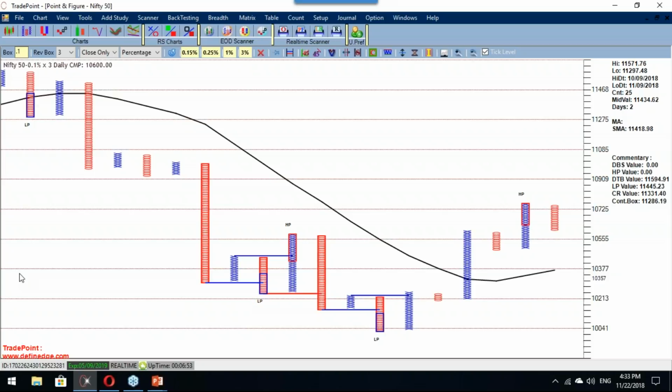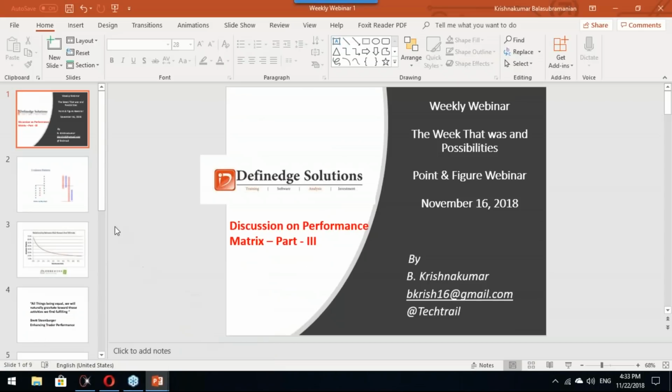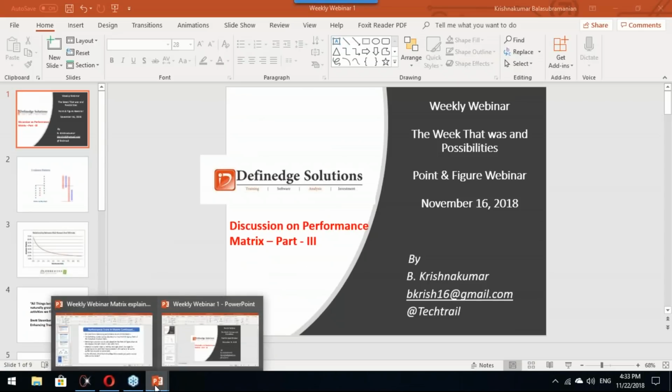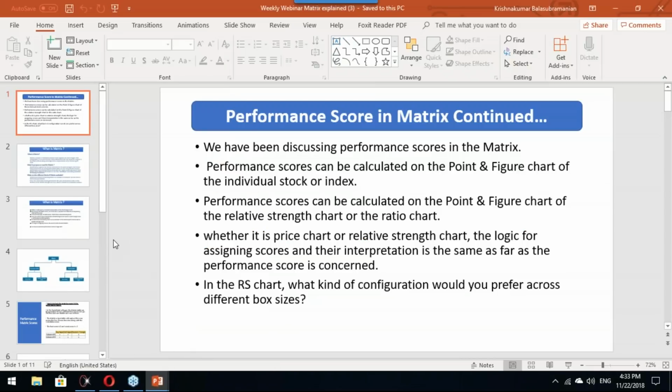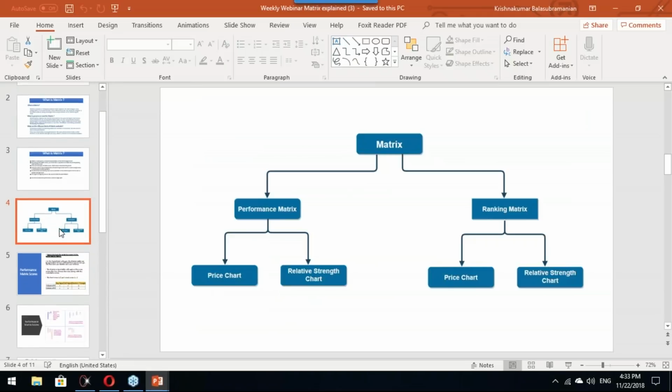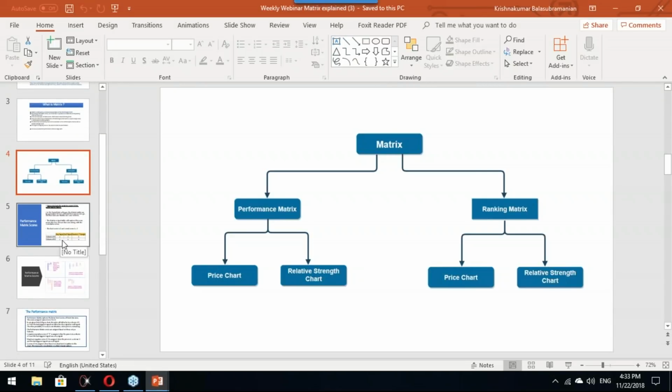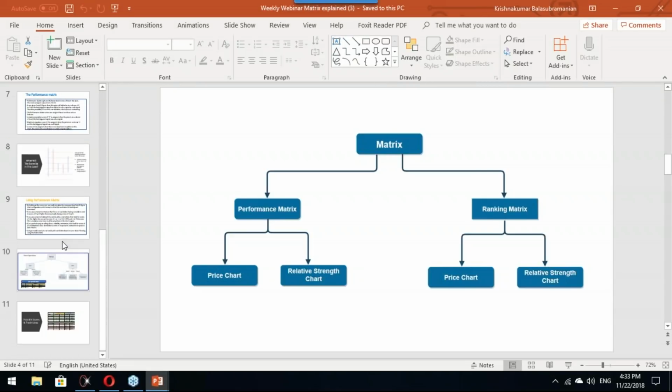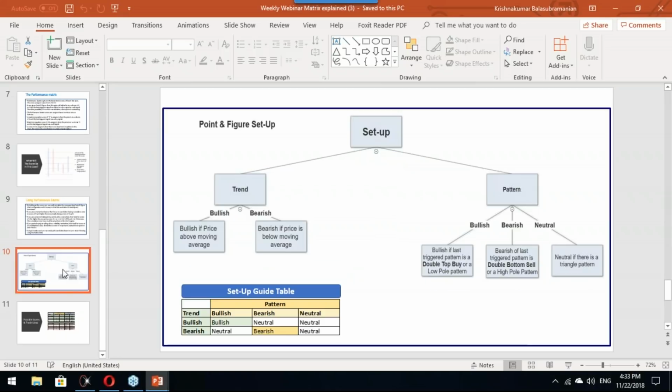Wonderful. So trend is nothing but what the price is doing in relation to the moving average, right? If you don't recall, let me just give you an idea about what we discussed. This will probably help you in refreshing your memory.